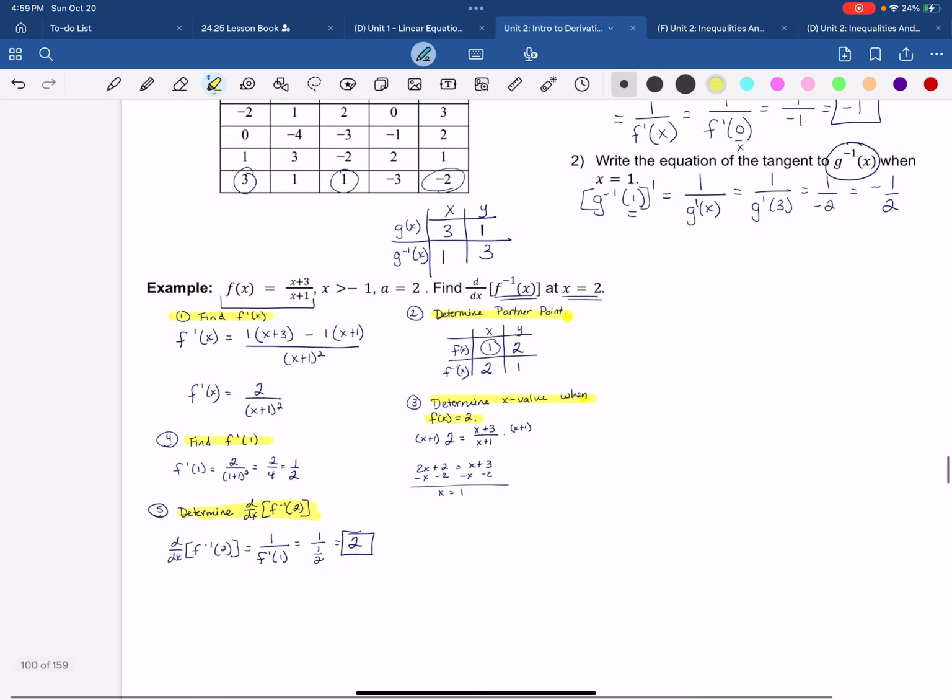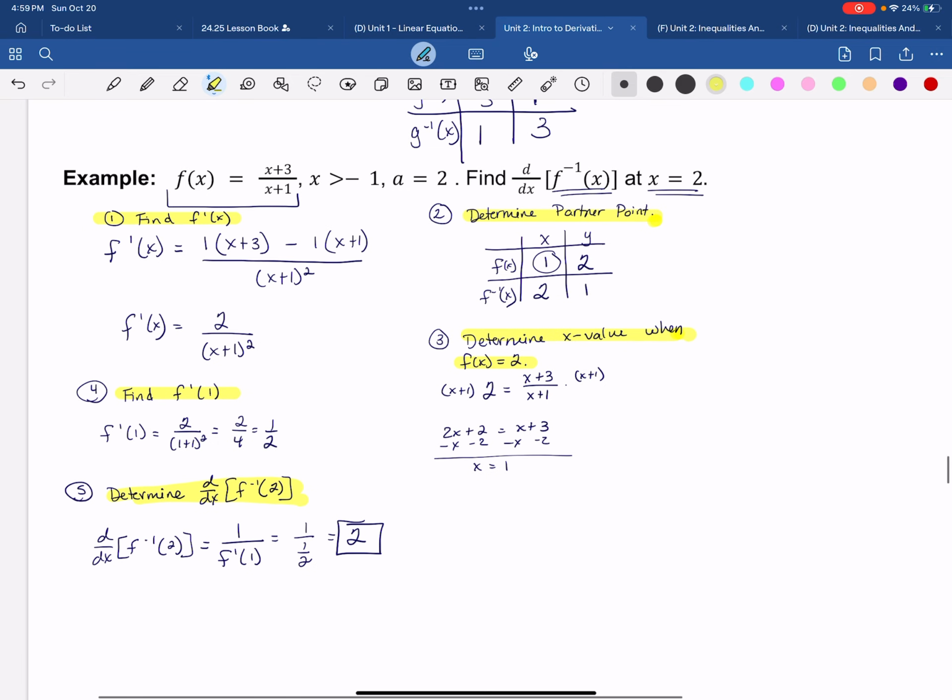All right, so just to recap, I found my derivative so that I had it ready to go. I don't know the x value yet. The only thing I do know is that the output for my original function f of x is going to be 2. And I know that because the input for my inverse function is 2. Remember, your x and your y do a little flip-flop.